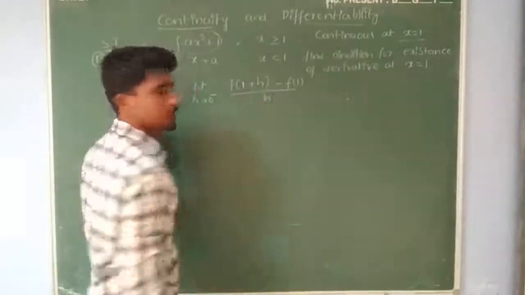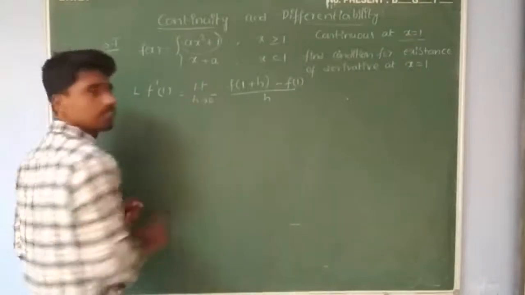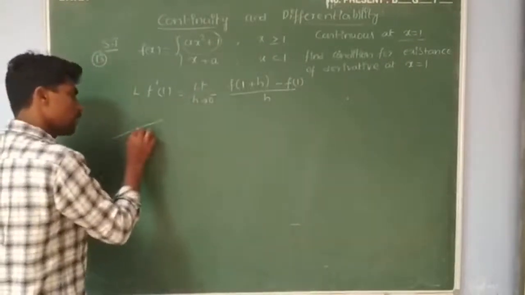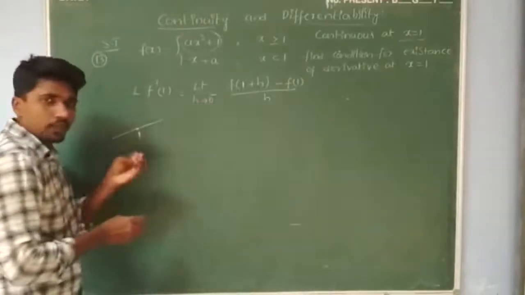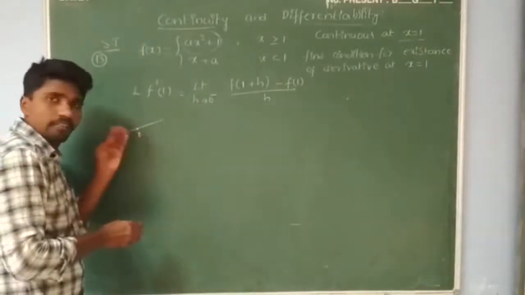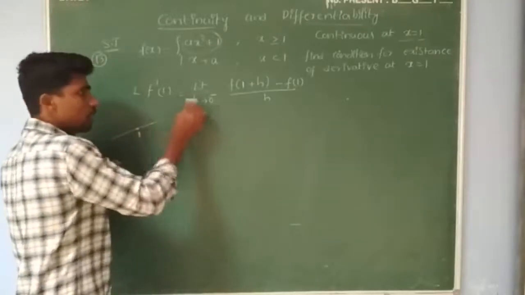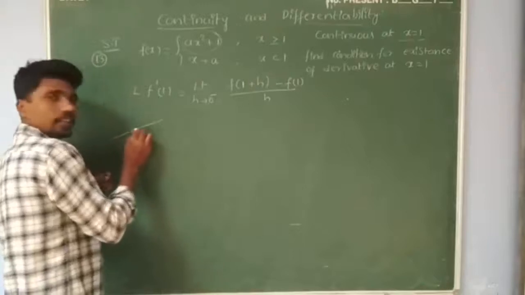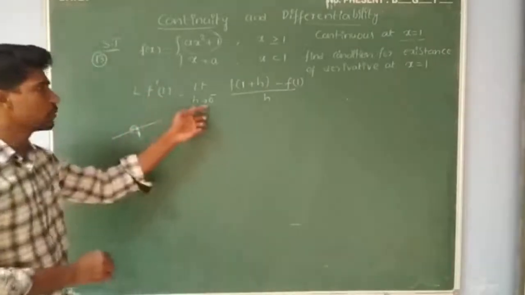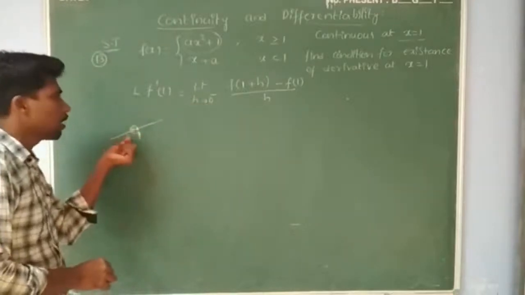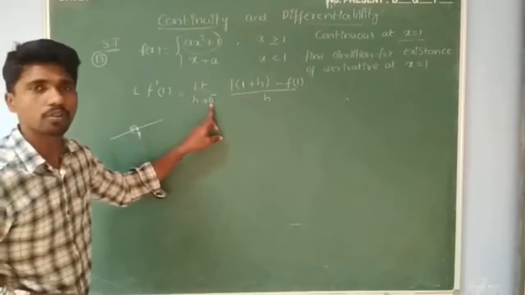See this h tending to 0 minus, what this represents? If I have a point 1, h tending to 0 minus is approaching 1 from left side. The value approaching 1 from left side. So left neighborhood of 1. It's not left neighborhood of 0, that we have to understand.